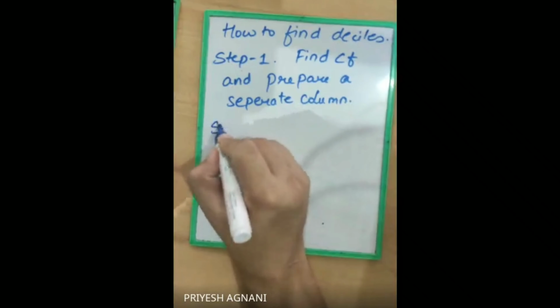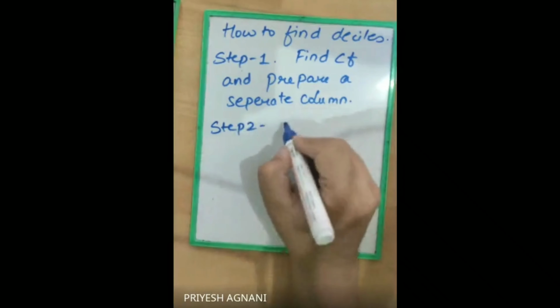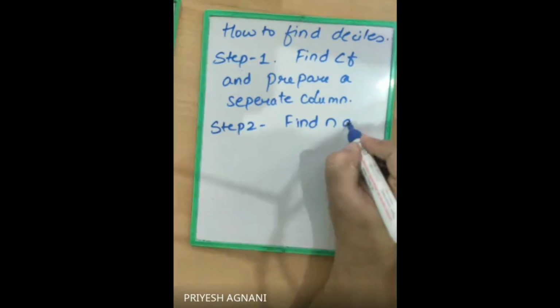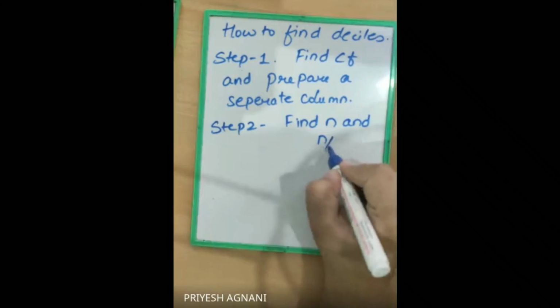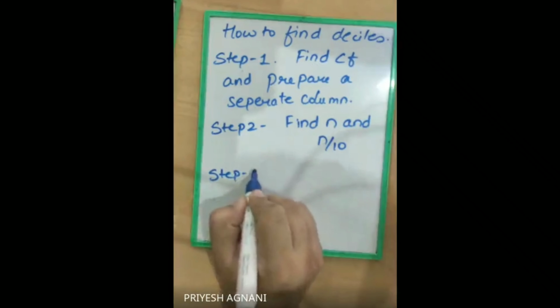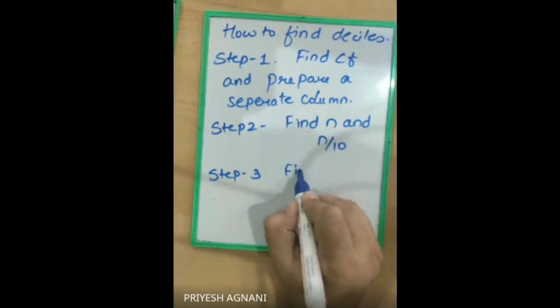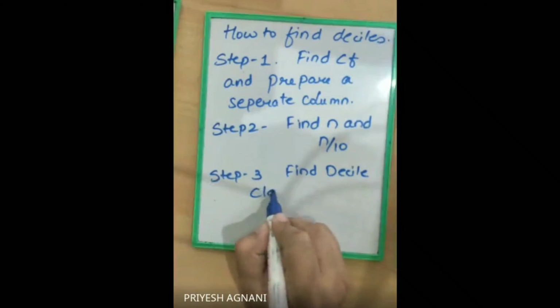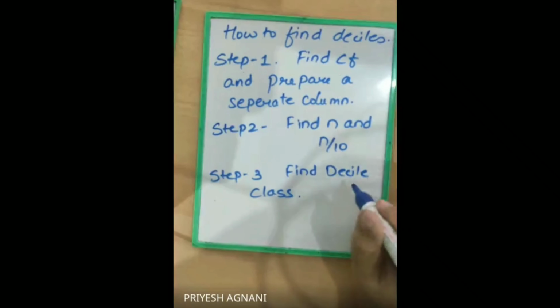Step 2. Find n and n upon 10. Step 3. Find decile class. Okay. What does decile class mean?